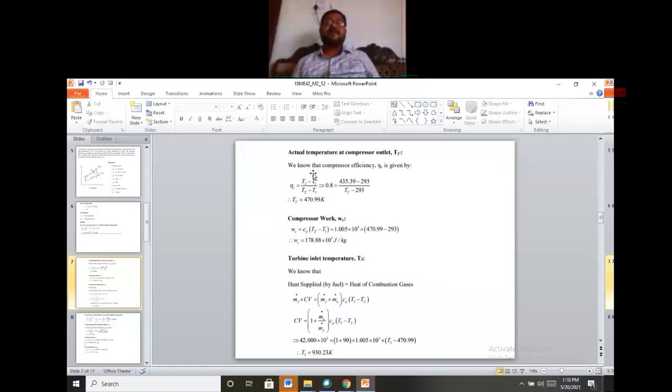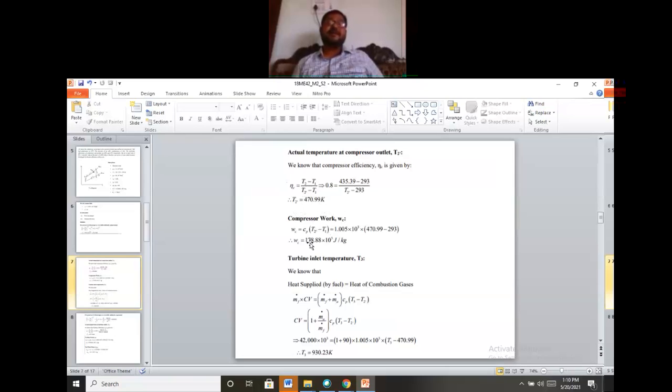Instead of this, you can take the enthalpy also. If given in enthalpy, you have to take the same formula with H notation. T2 dash is 470.99 Kelvin.